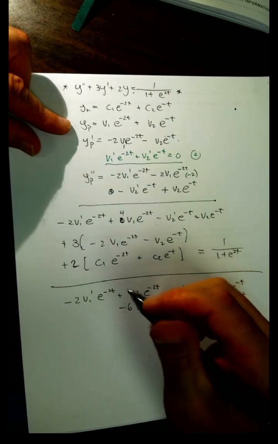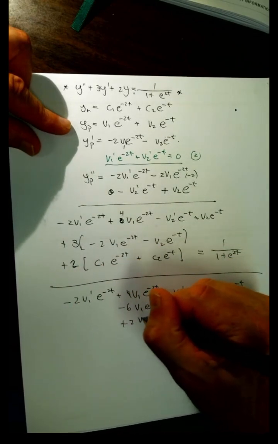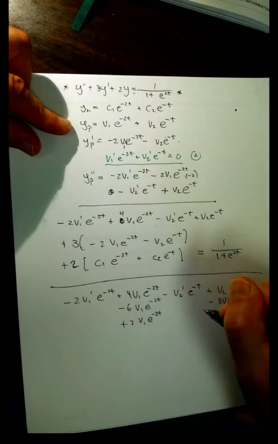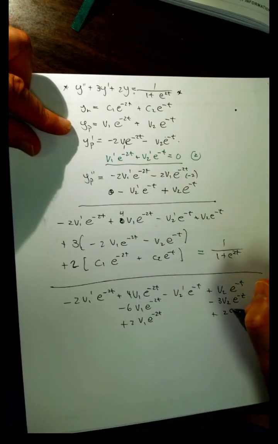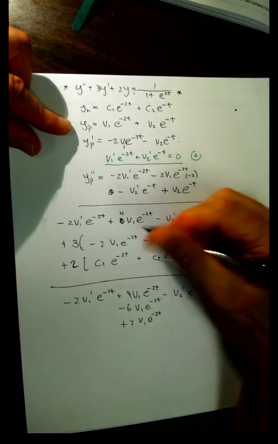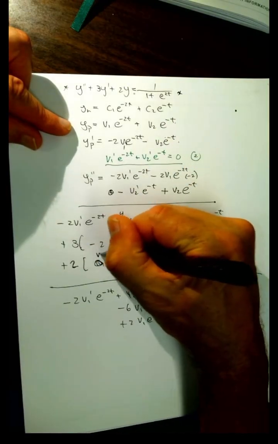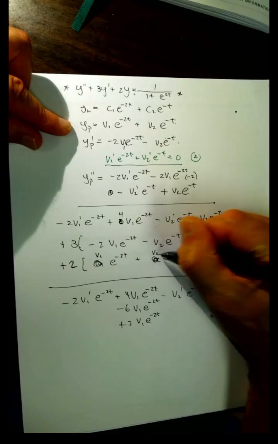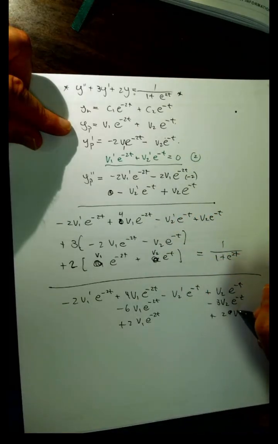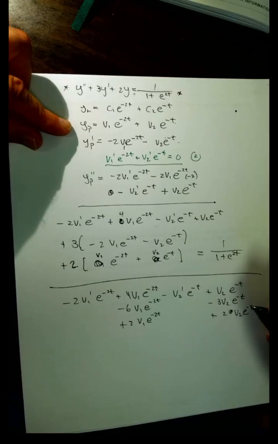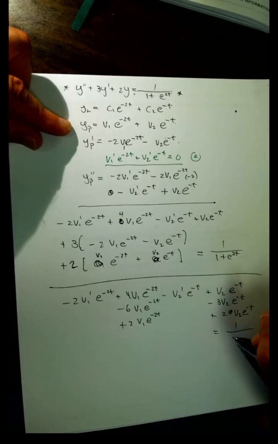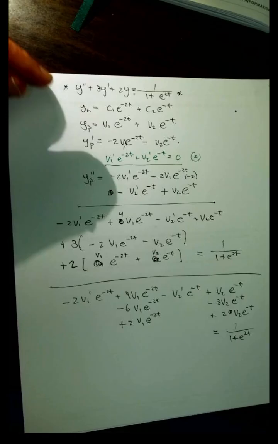And multiplying that through by 2, I get plus 2 v1 e to the minus 2t plus 2 v2 e to the minus t, all equals 1 over 1 plus e to the 2t. I should have been using v1 and v2 here, sorry.